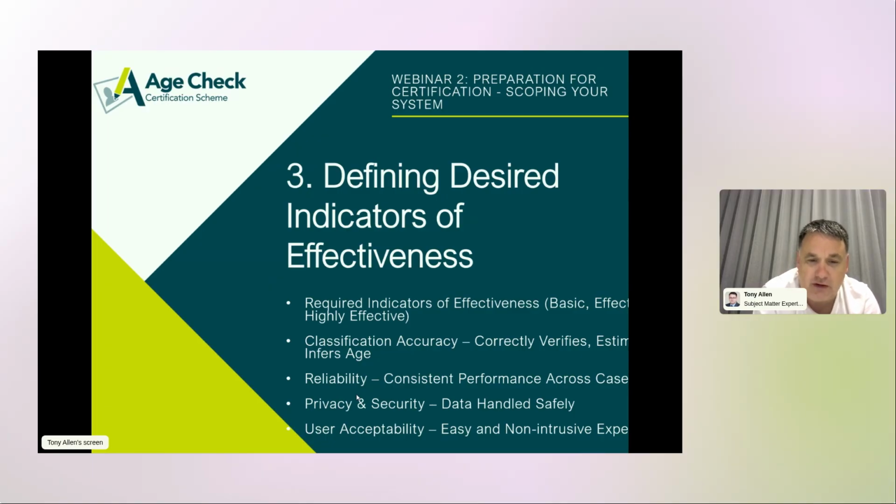For that, you'll need to understand your classification accuracy. That is effectively how likely it is that your system is going to be correct. And again, classification accuracy can be done at a component level, or it can be done at a whole system level, or both. You've got to understand how reliable it is, how it performs across different use cases.